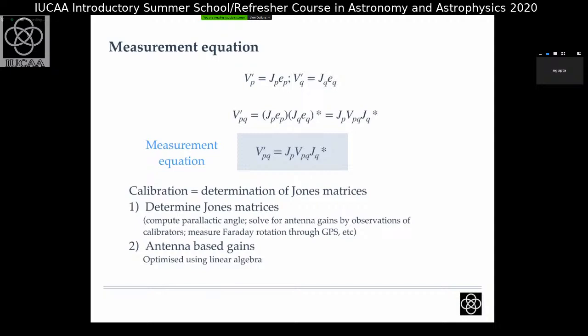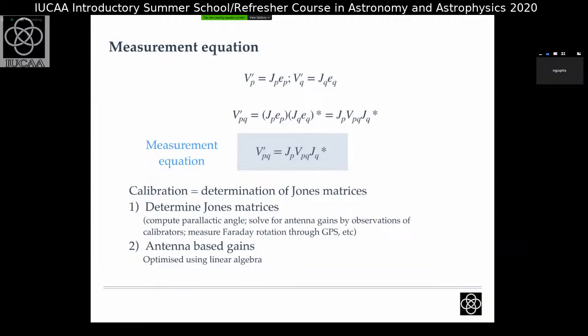This is a modified visibility, and I have just multiplied these two, the second one being the complex conjugate, and then using simple matrix algebra, I get this equation. VPQ here is the true visibility, right? So this equation is called the measurement equation of radio interferometry. All the essence of calibration and the process that I need to carry out to recover true visibilities, in this case VPQ, is captured through this.